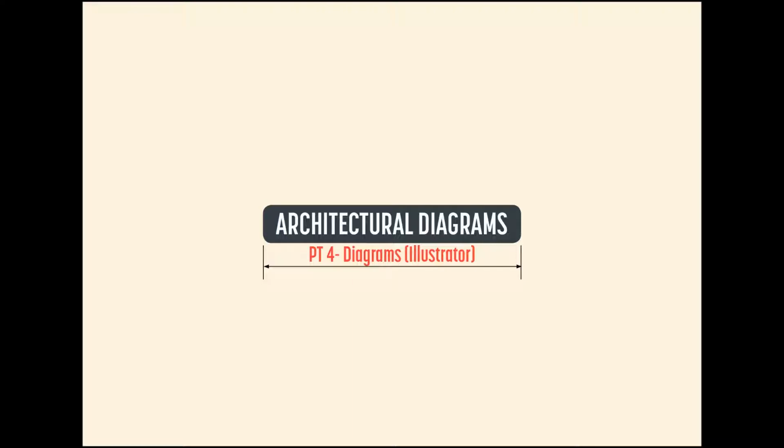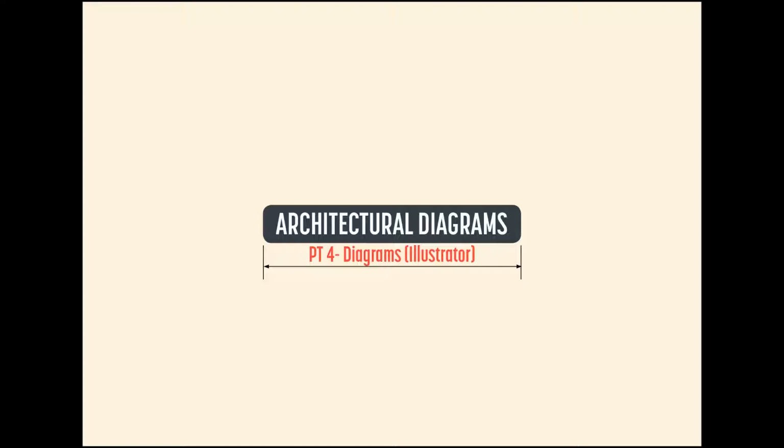So this is the last video here, and this is the parallel video to the other one, which is using AutoCAD. This one is using Illustrator to overlay your diagrammatic information.